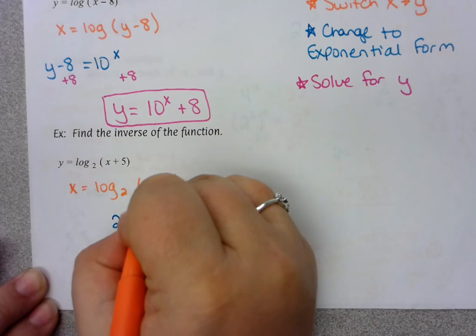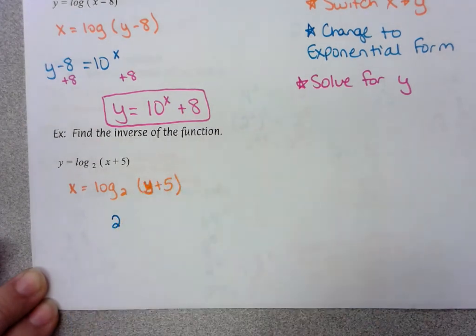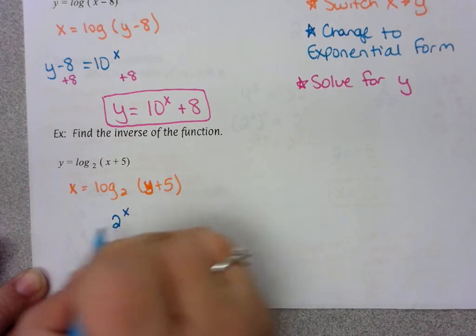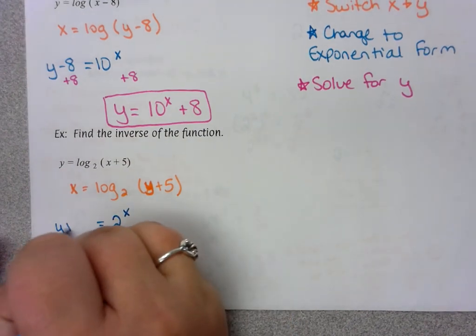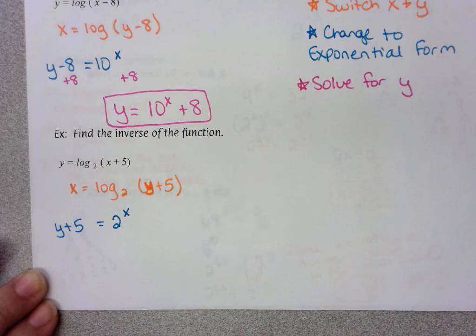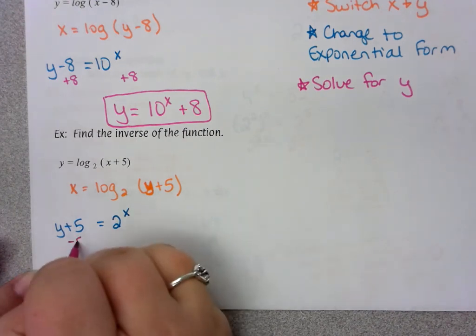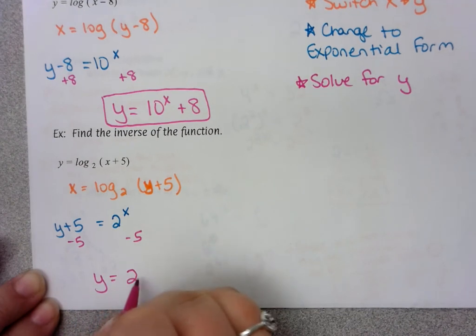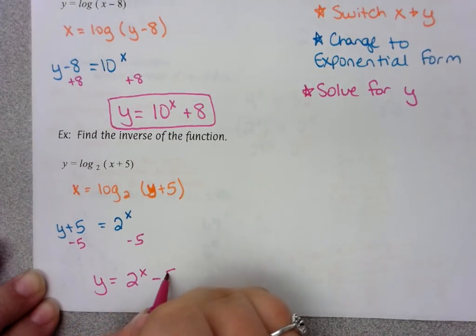This should be a y. Sorry. So it should be 2 to the x equals y plus 5. Now we need to solve for y. So we subtract 5. So y equals 2 to the x minus 5.